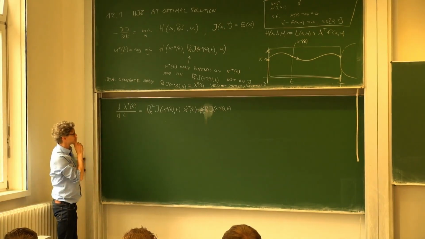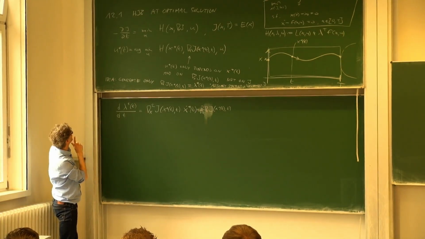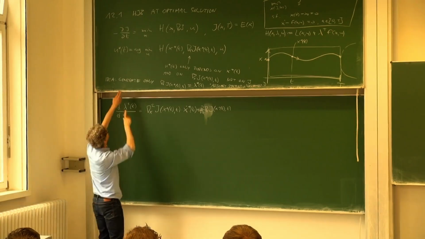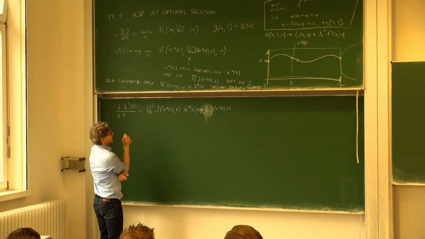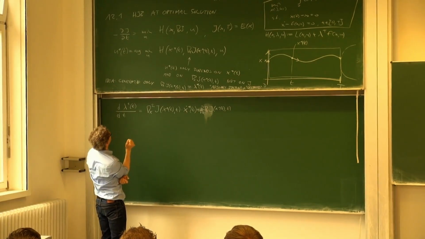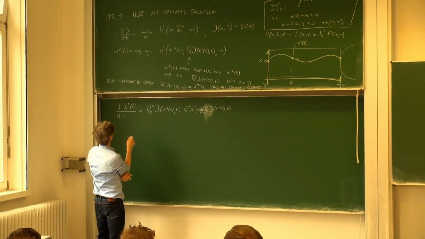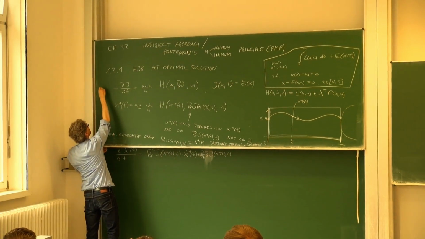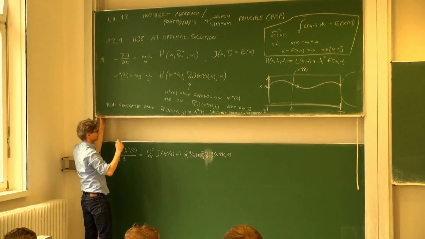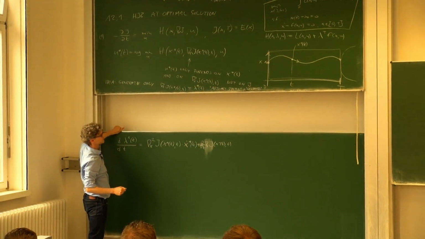So we see that this is actually a bit related to what we see there on the Hamilton-Jacobi-Bellman equation. And let me just try to take this equation, this one, and differentiate partially with respect to x.